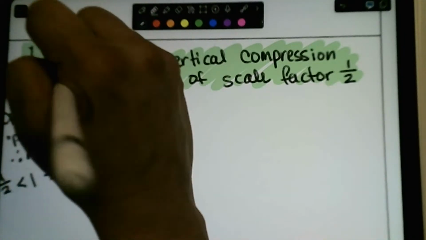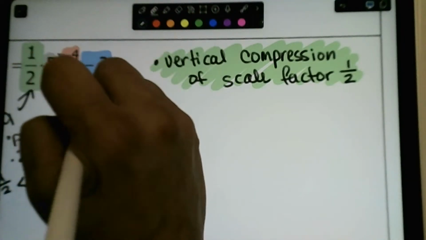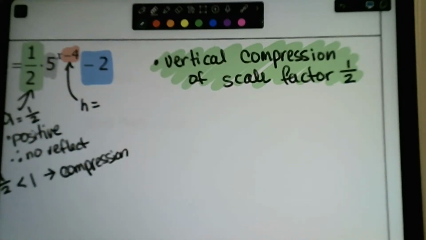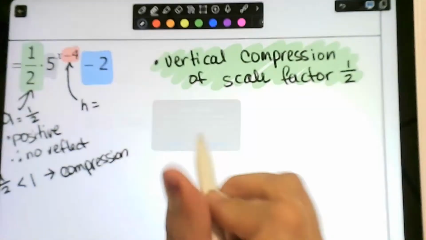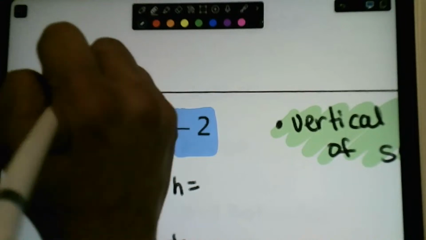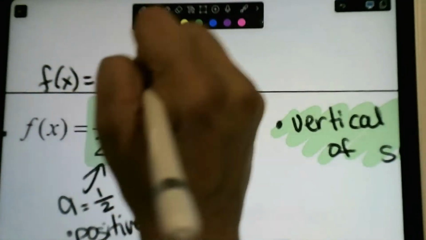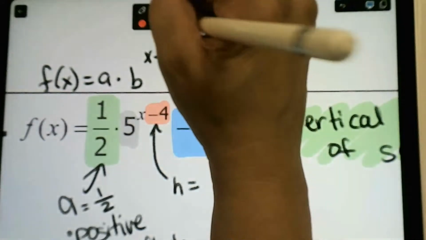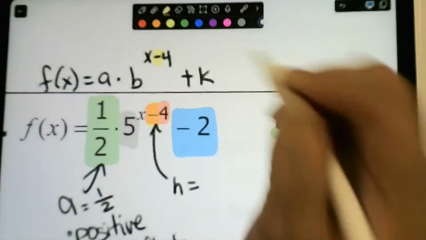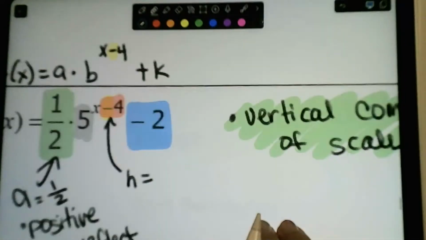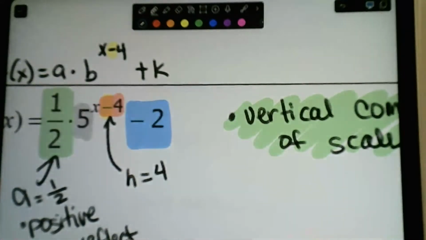In the exponent, that's H. What's the value of H? -4 or +4? Remember that your recipe for these transformations looks like this. So you're going to compare the signs right here. When the signs are the same, it's a positive. So H is a +4.